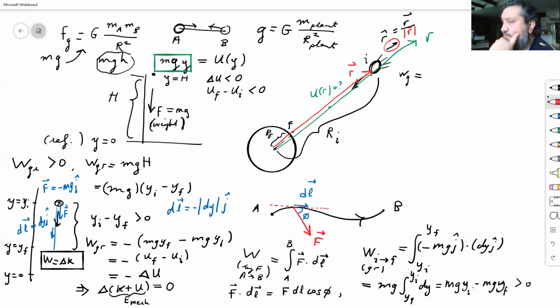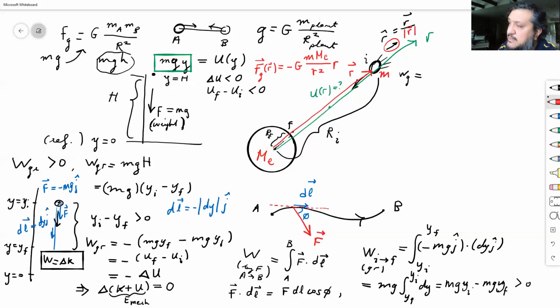in the radial direction. So the force I have now in magnitude is this, but in direction, it's pointing toward the Earth. So Fg as a function of r, position vector, in vector form is equal to negative G, mass of the comet, just m, times mass of the Earth, divided by r squared.